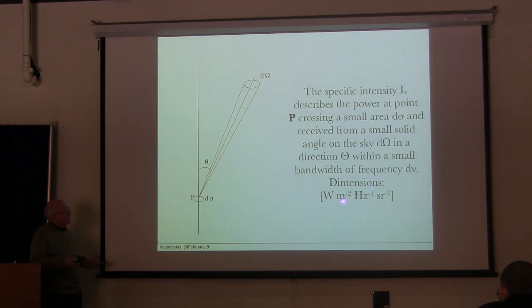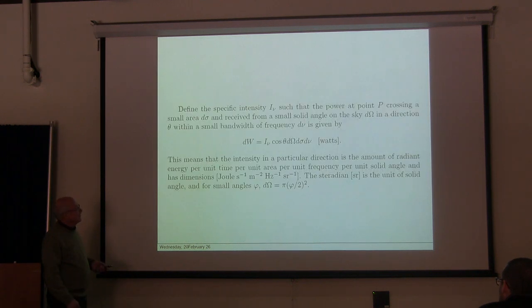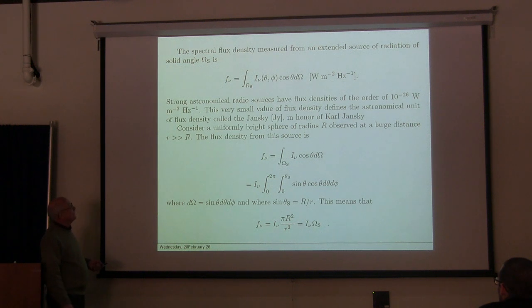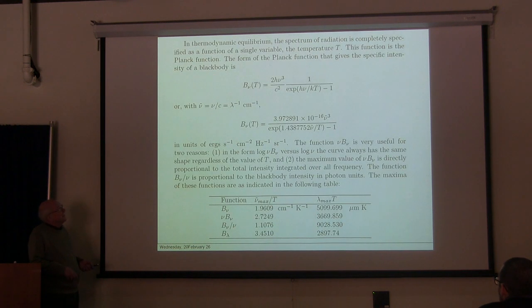And the dimensions of this intensity are like this. And then this detected power, in fact, what we actually measure more directly is the spectral flux density of radiation. We see how the flux is related to the intensity.